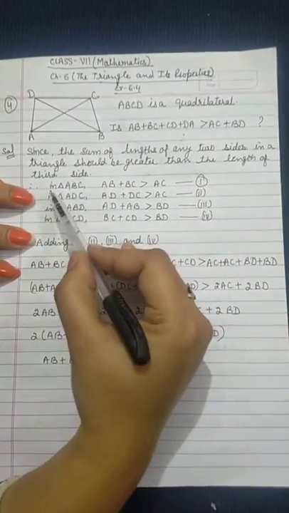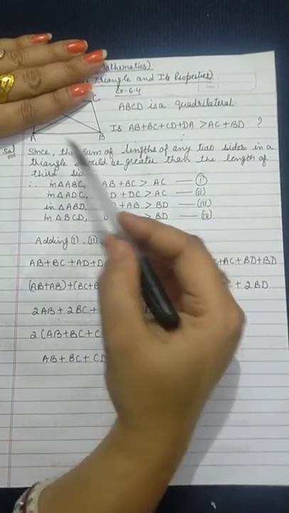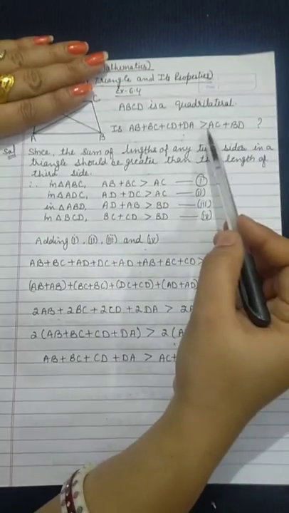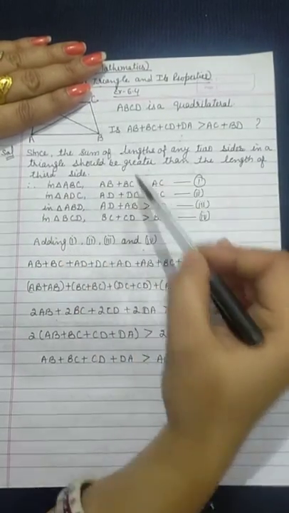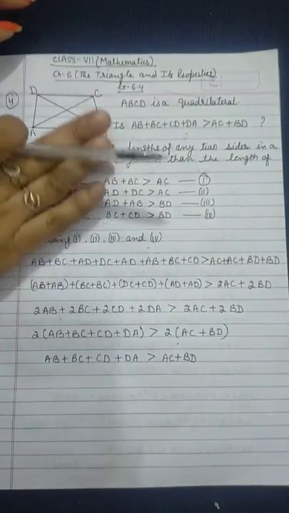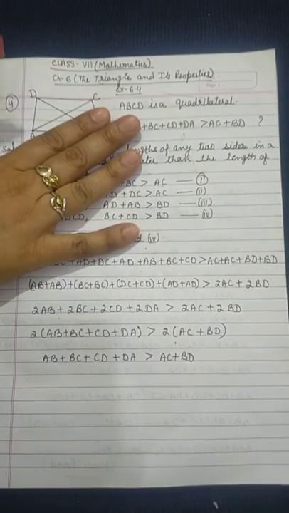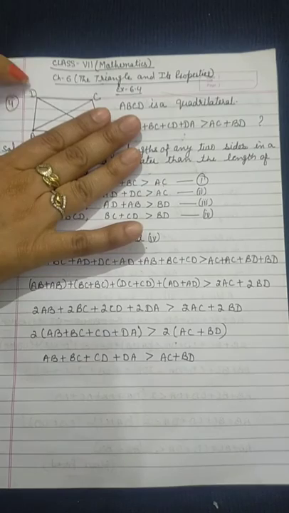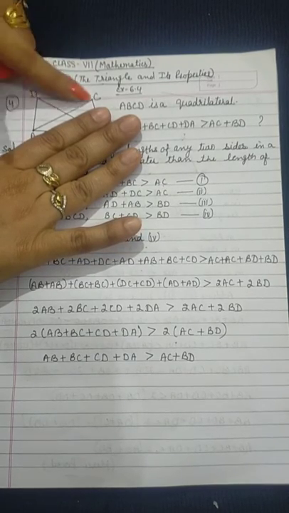Turn by turn I will take both triangles. In triangle ABC, the sum of AB plus BC is greater than AC, because I want AC on the right hand side. Then I will take the other triangle ADC. In triangle ADC, the sum of AD and DC, you can also take DC plus DA, the sum of both sides is greater than AC.